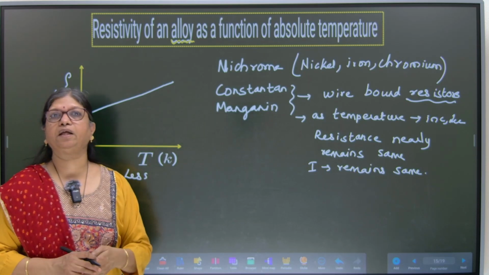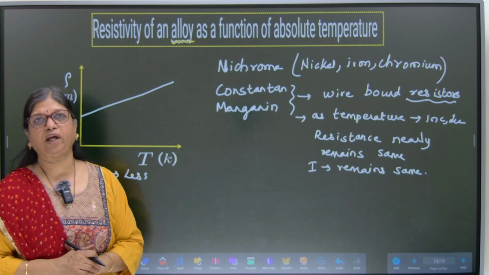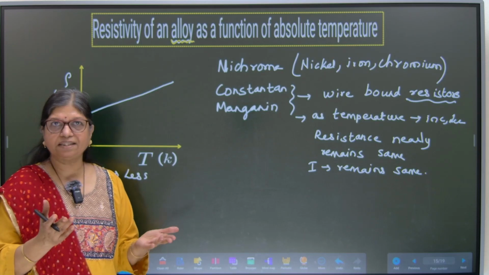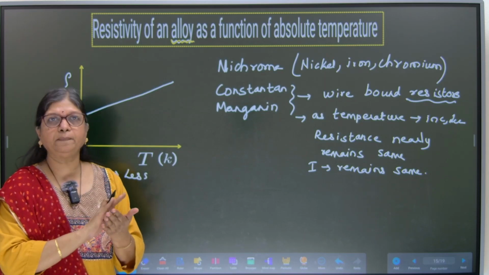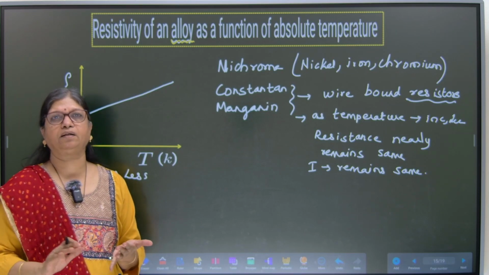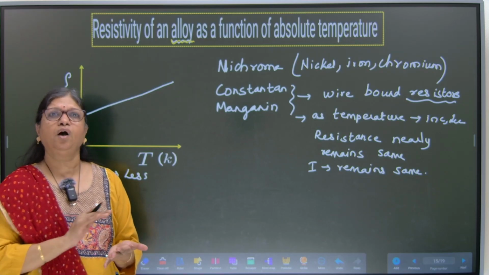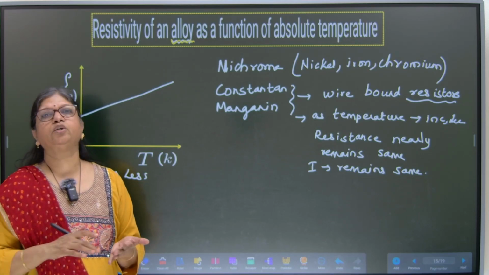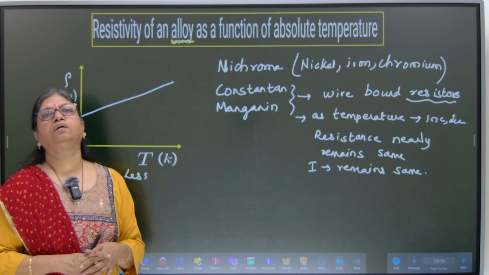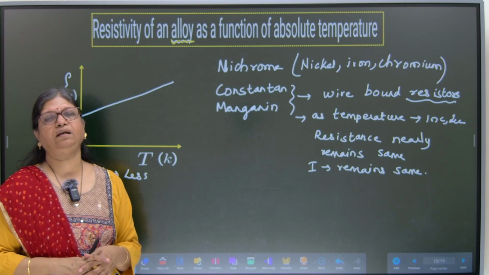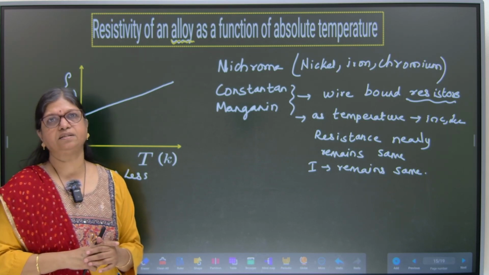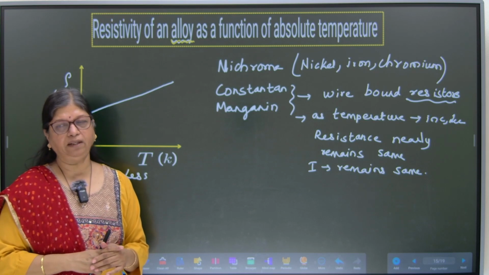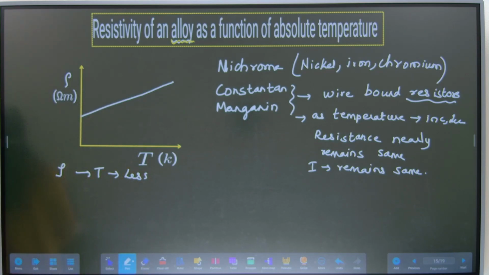Sometimes materials may be given, you may be asked to find out the graph or identify the graph. So for a metal or for a semiconductor or for an insulator or for an alloy, you should be able to understand the answer very clearly. Fine. I shall move. Please take a pick.